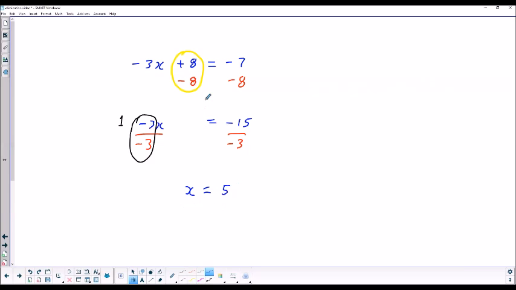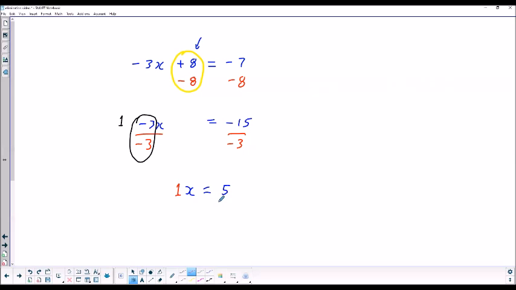So by eliminating, we've formed a 0 to eliminate the positive 8. And then we formed a 1 to reduce that negative 3 down to positive 1, the coefficient of 1, which we don't need to write in front of the x, but I'll write it just for show. And that gives us x equals 5.